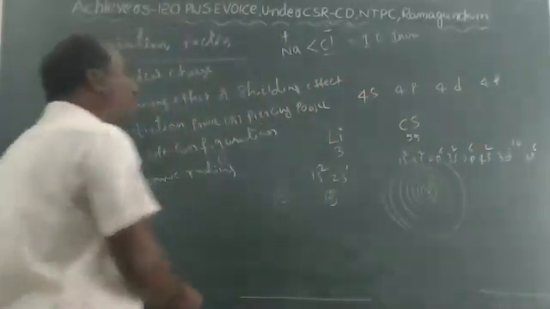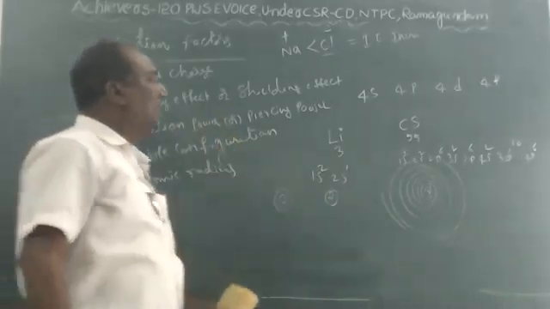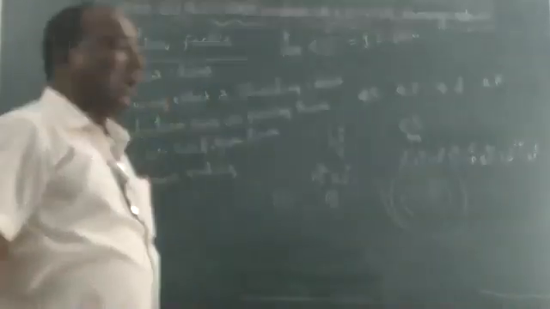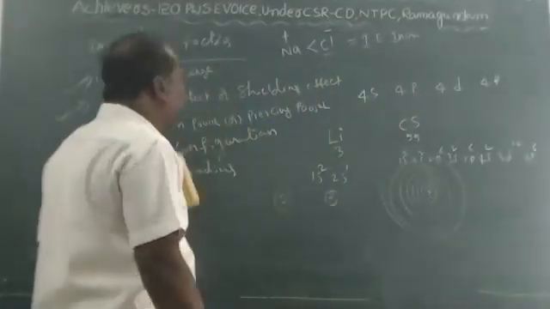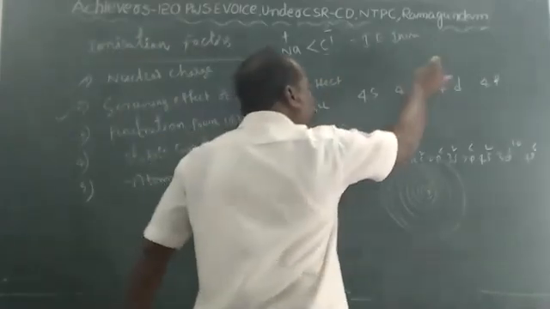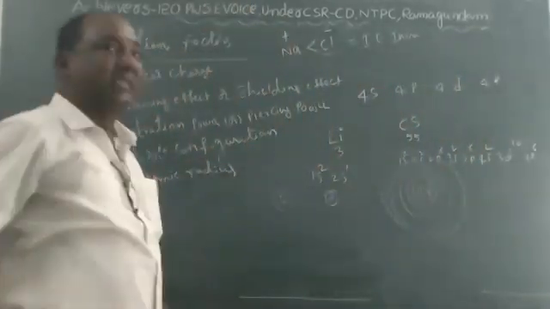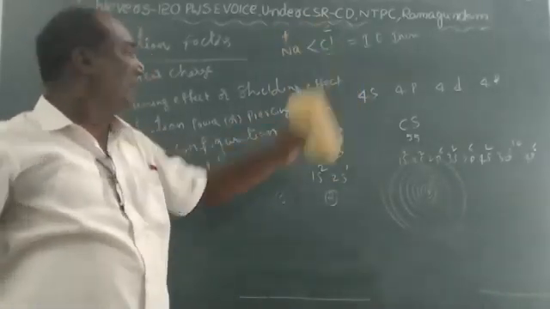But their penetration power towards the nucleus decreases, children, because 4s is very near to the nucleus and 4f is very far from the nucleus.